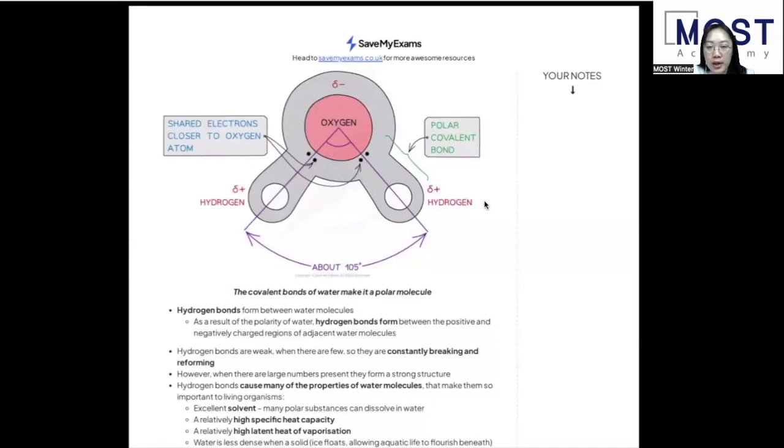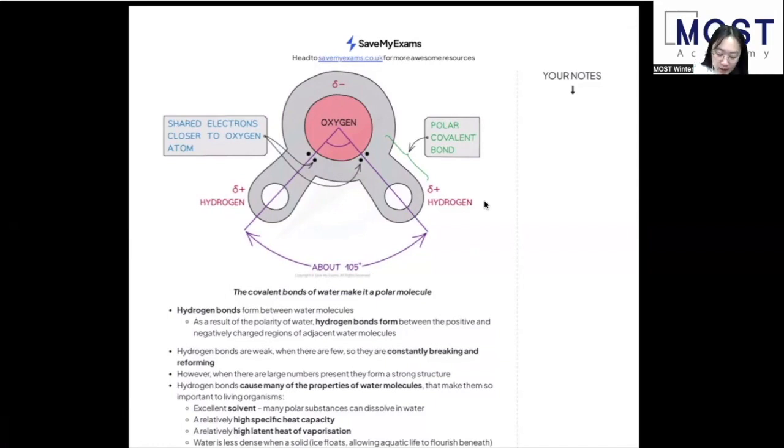So because of this polarity, water molecules form hydrogen bonds between each other. A hydrogen bond is a weak attraction between the partially positive hydrogen atom and the partially negative oxygen atom of another water molecule. And even though each hydrogen bond is weak, collectively they give water unique properties essential for life.